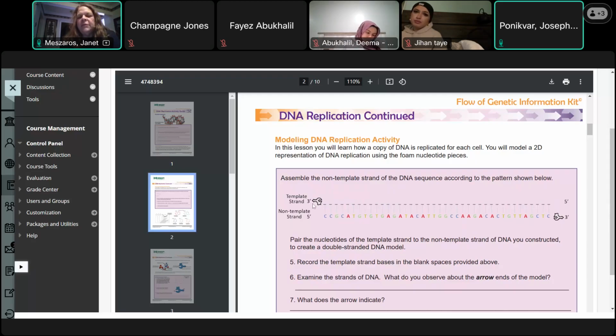You could tell that that would be the 3' end of the strand, okay? And what does the arrow indicate? The 3' end. We'll just leave it like that because we're going to get into the actual structure of the nucleotides. It's coming. So I think that's good enough right now rather than going back and forth.